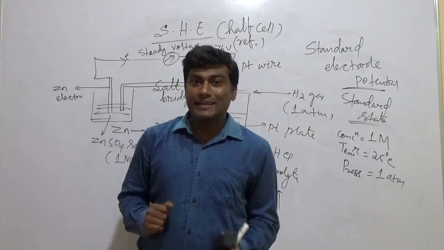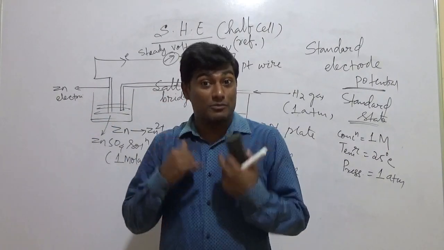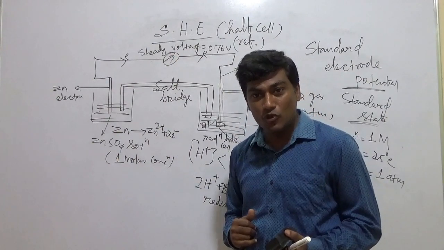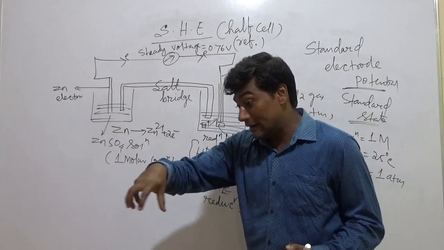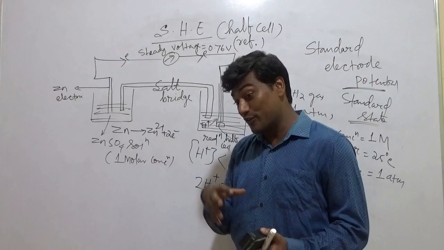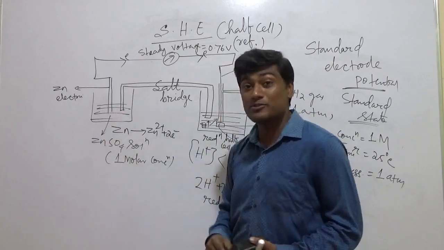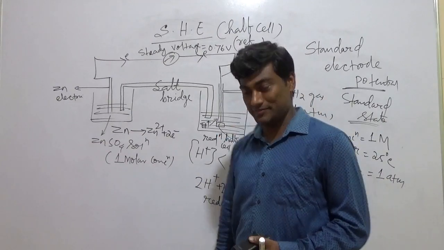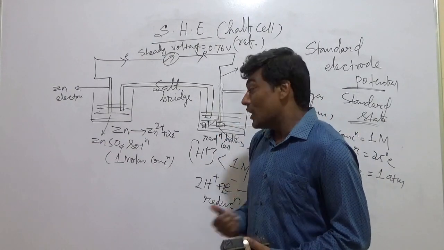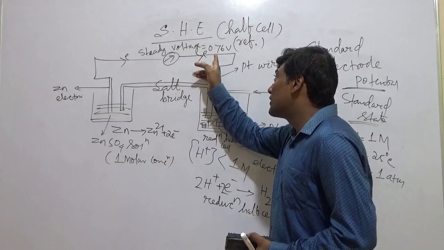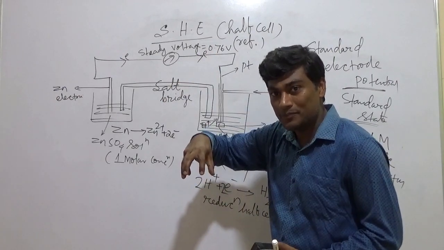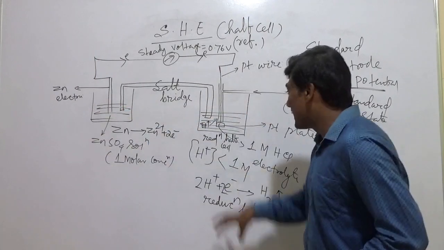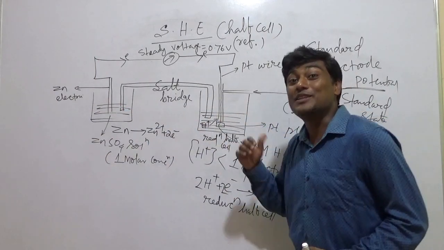Now it is very clear that the steady voltage of 0.76 volt we are obtaining is due to the extent to which the oxidation half cell is oxidized and the reduction half cell is reduced. So we can say this voltage is a result of the oxidation potential of this electrode and the reduction potential of this electrode.